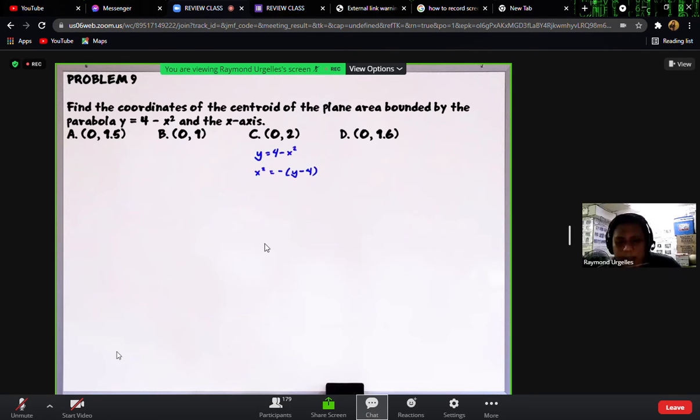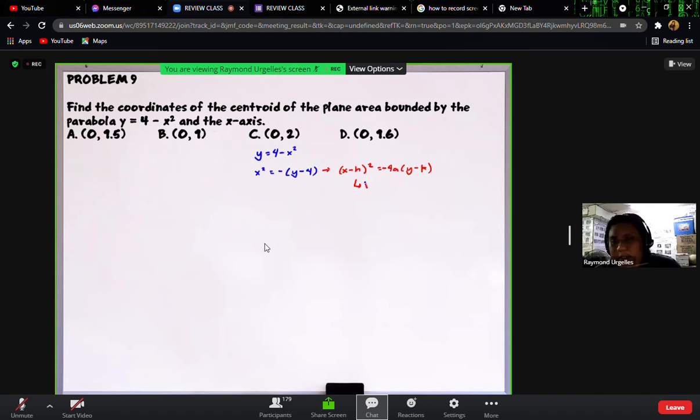Makikita natin na yung equation natin is of the form x minus h squared equals 4a times y minus k. Kasi may nakasubtract na 4, kaya meron tayong minus h saka minus k dito.